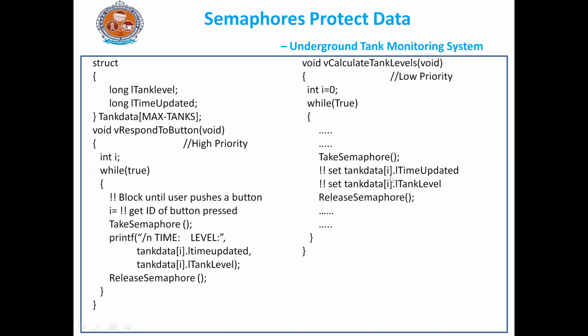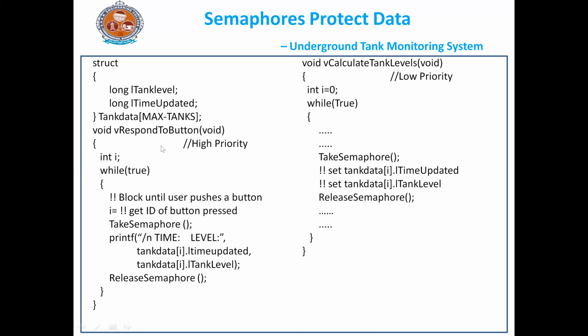Now suppose after setting the value, the time updated has been updated to T2. But suppose that right after completing this instruction, the user presses the button. Because this is a low priority task and the button task is the high priority task, this low priority task will be suspended at this point, after the time updated, and the control will be given to the button task.